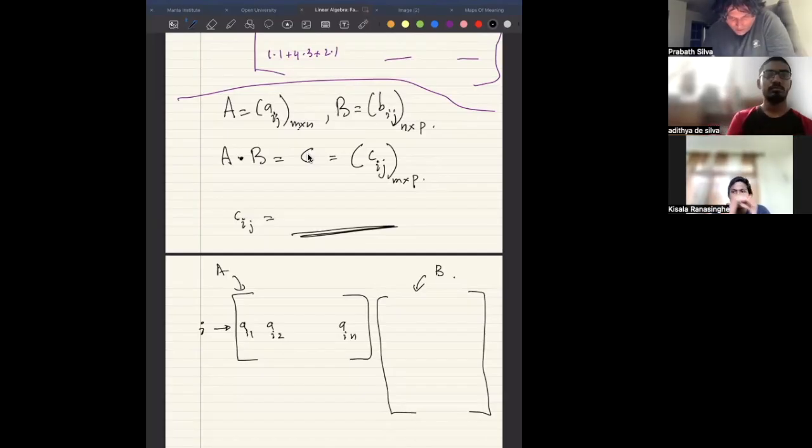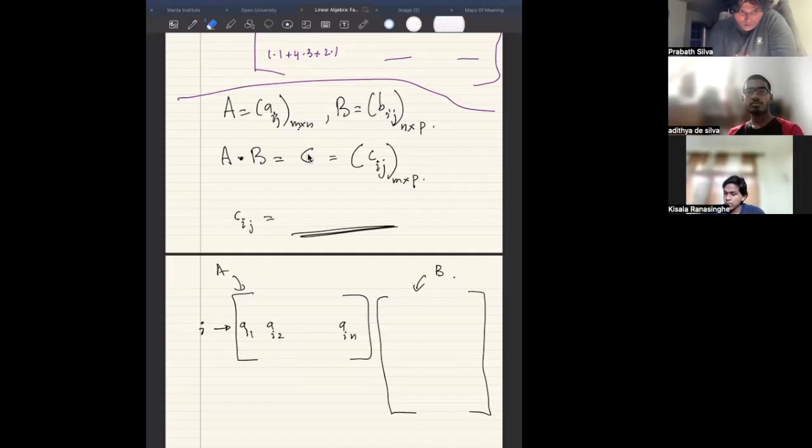And in here, let's say this is B_1k, B_2k, and it's going to go all the way down to B_nk.